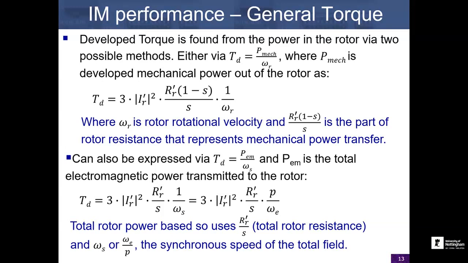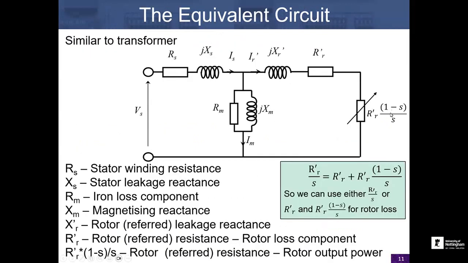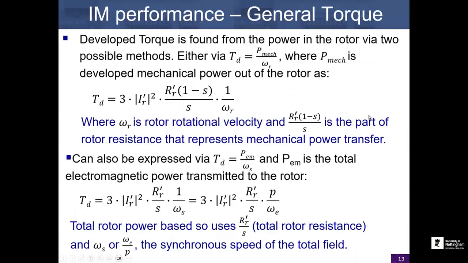So we can take 3 I_R squared R times (1 minus S) over S, times 1 over rotational velocity. So remember, that's the component here representing our real output power, and that will give us our torque. If we multiply back up by that velocity, that will give us our output power. But we have a direct way to work out the torque in our machine.